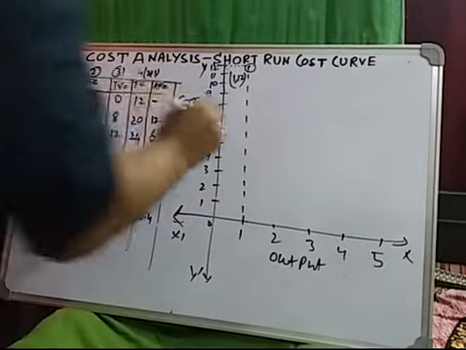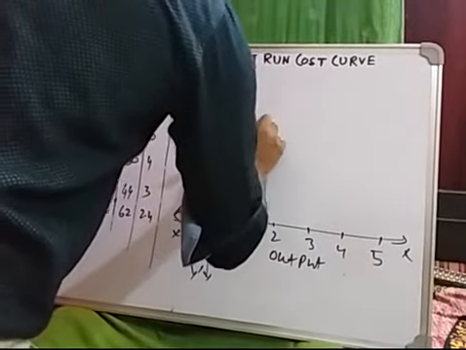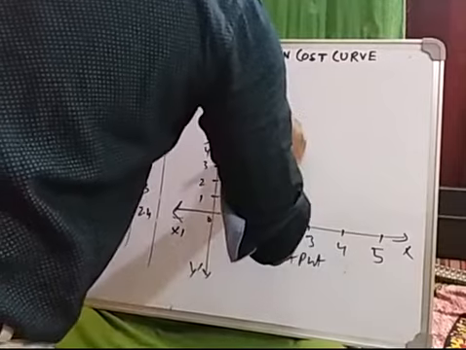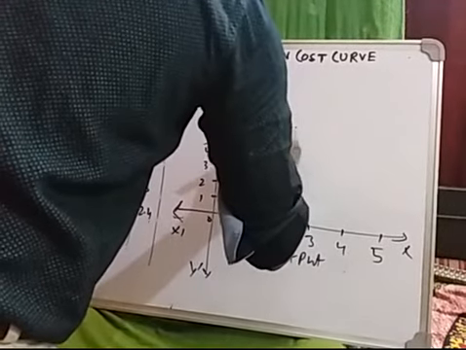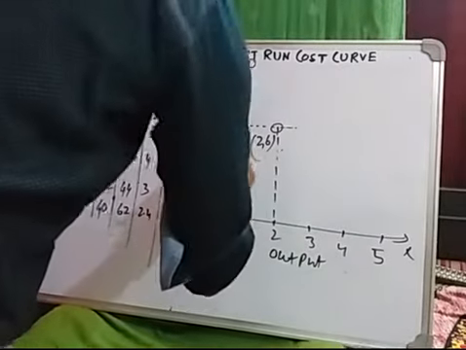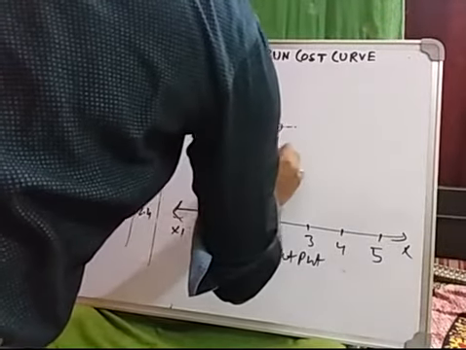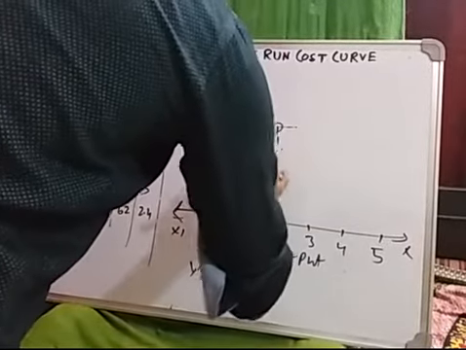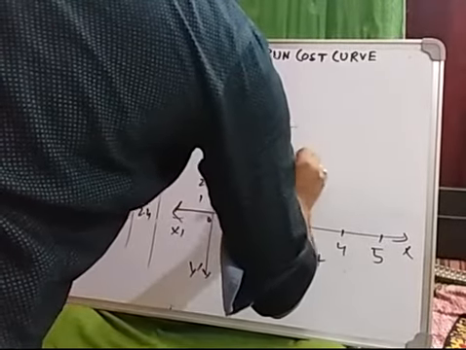Now is 2, 6. This is the point of 2, 6. Next is 3, 4. Point of 3, 4.